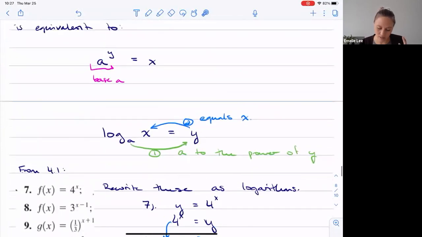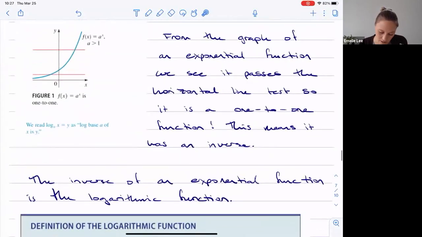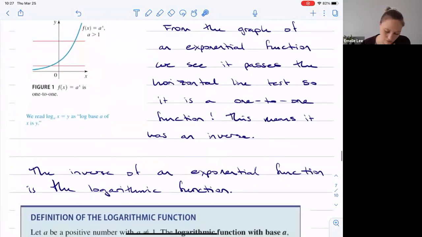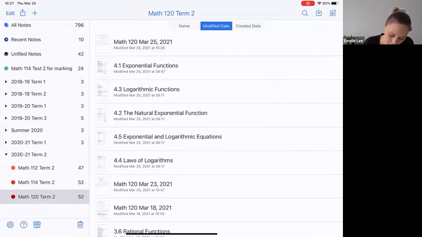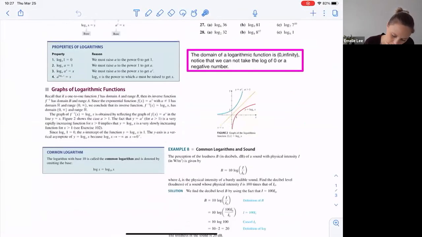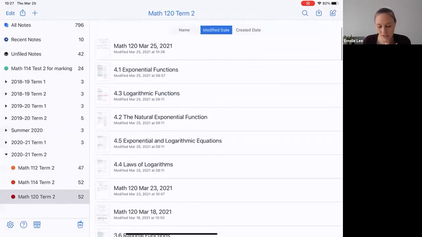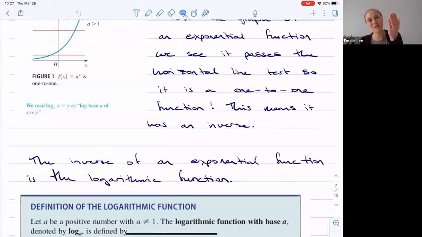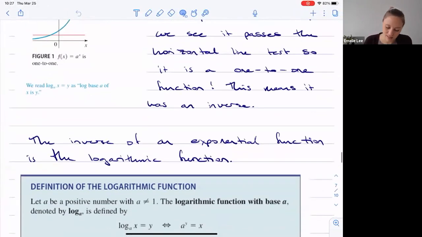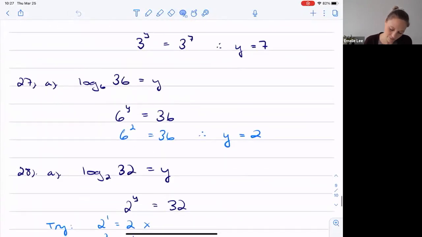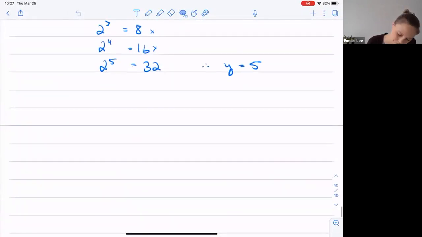We can see this if we look at the graph of, well, definitely an exponential function, but I guess we haven't really seen a logarithmic function. Let me just bring that in. It's way down here. What's it doing down there? It's the inverse of a function, so it's reflected. It's the exponential function reflected on the y equals x line, kind of on the diagonal.